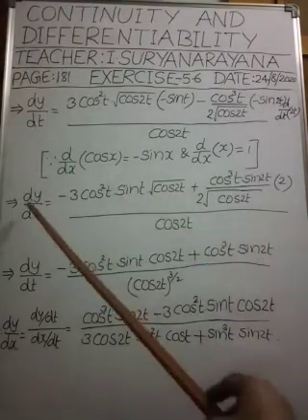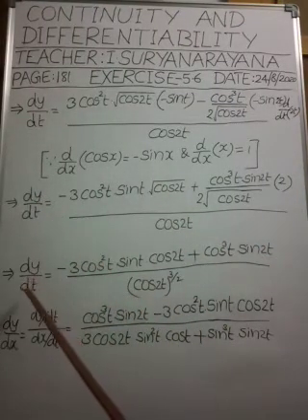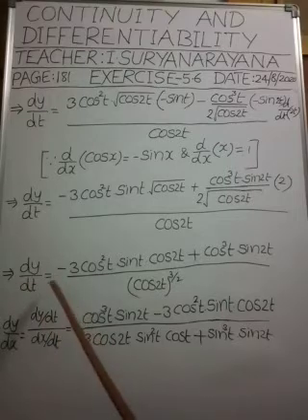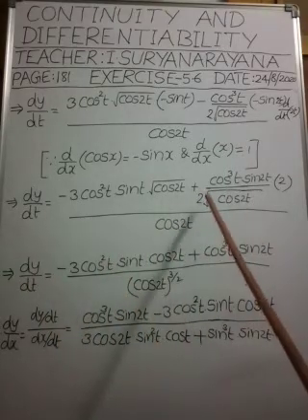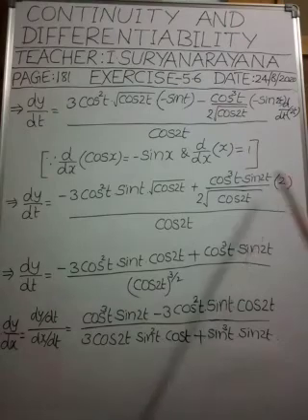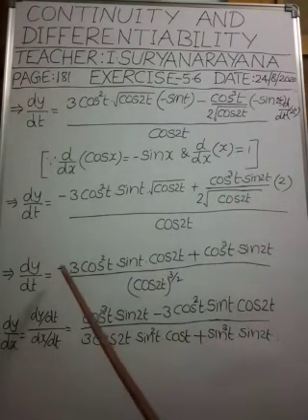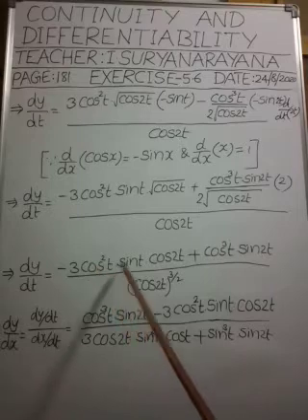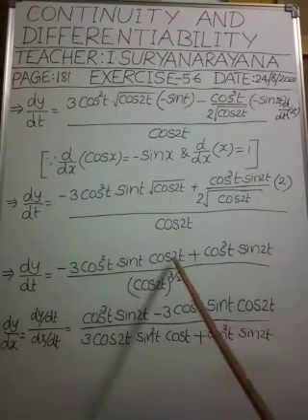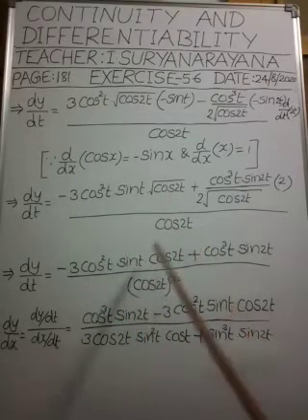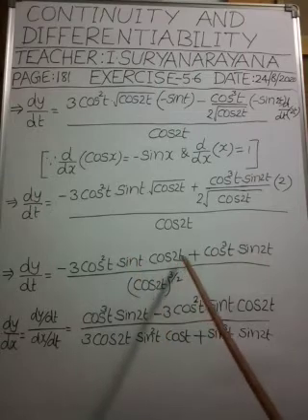This implies dy by dt, I wrote LHS part as it is equal to, by taking the LCM here, 2 gets cancelled, by taking LCM root cos 2t, we get here minus 3 cos square t sin t cos 2t. Okay, my children? Understood this first term, my children? Right.